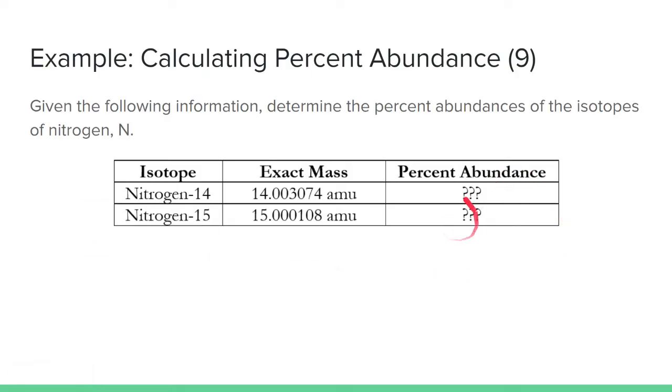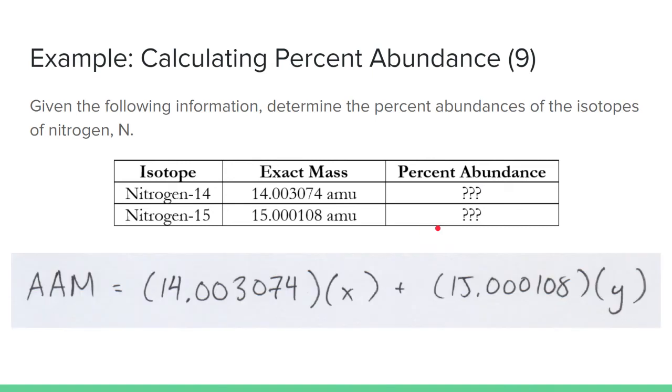I also know that my 2 percent abundances should both add together to give me 100%. Or as decimals, those 2 percent abundances should add up to give me the number 1. This allows me to create a system of equations. I can treat the first percent abundance like it's x, the second one as though it's y.